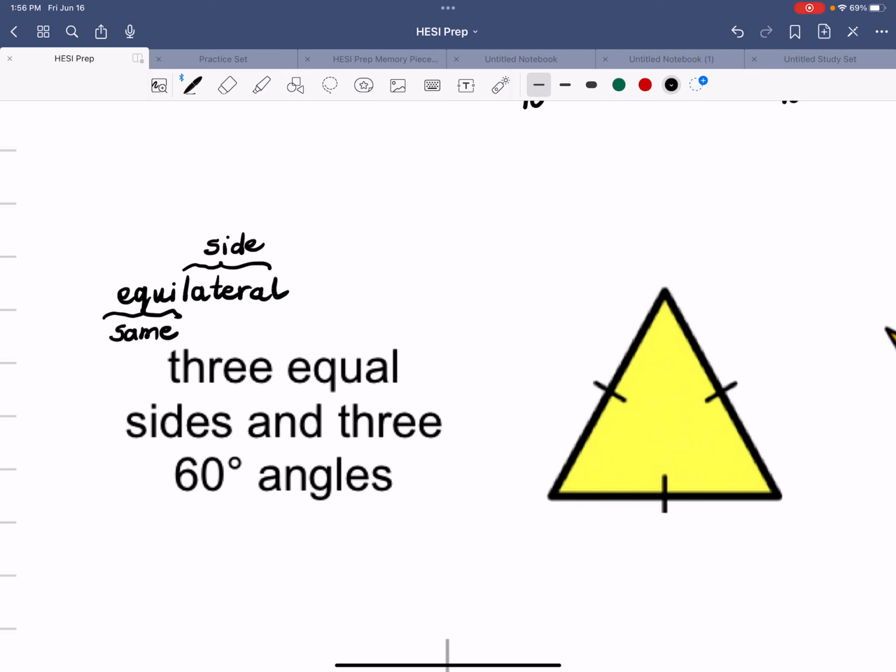So equilateral is sides that are all the same. 3 equal sides, and then we have 3 60-degree angles. Has to be 60 because remember it has to pass the triangle test. And that is 180. And whatever I choose for those sides, it has to be the same. So maybe I'll do 5 all around. Equilateral.